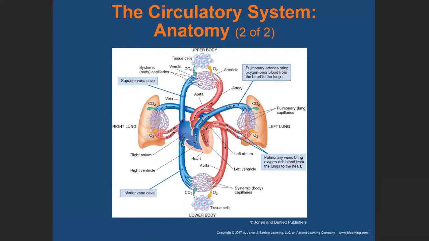Now, because the right side is responsible for deoxygenated blood and the left side is responsible for oxygenated blood, they cannot mix. So therefore, there is a wall that separates the right side of the heart from the left side. And that wall is referred to as the septum.